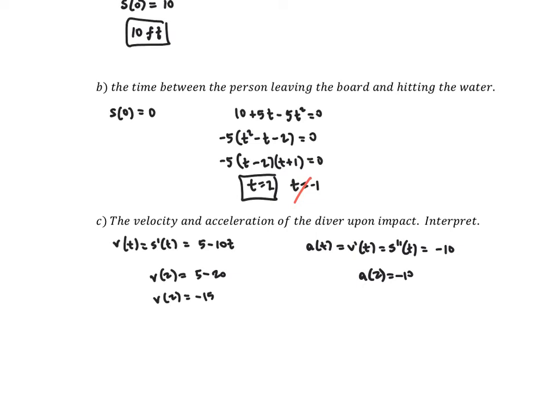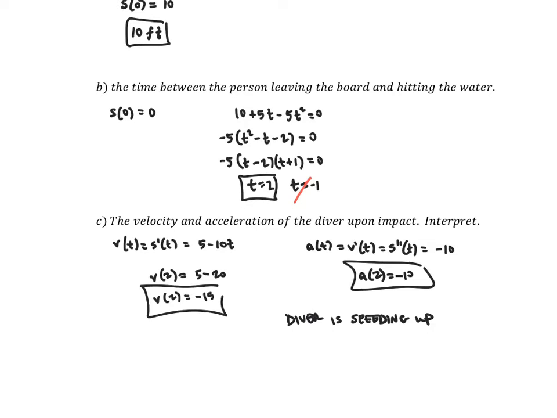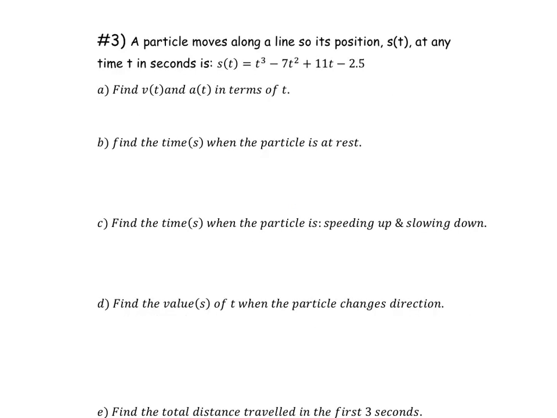Now, in the context of this problem, that means that the diver is speeding up, which we would anticipate would be true, right? Gravity's taking over at t equals 2 on impact, since v of 2 and a of 2 are the same sign.